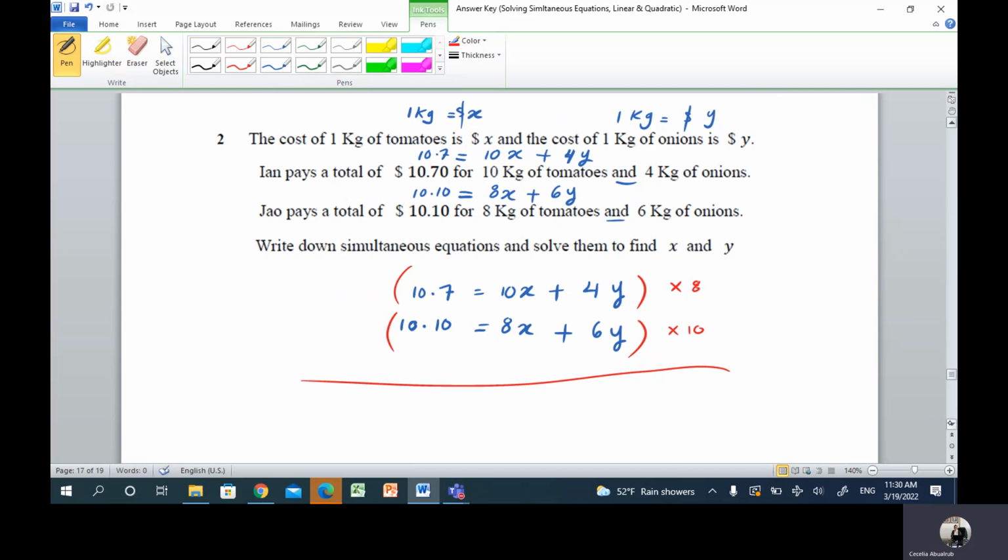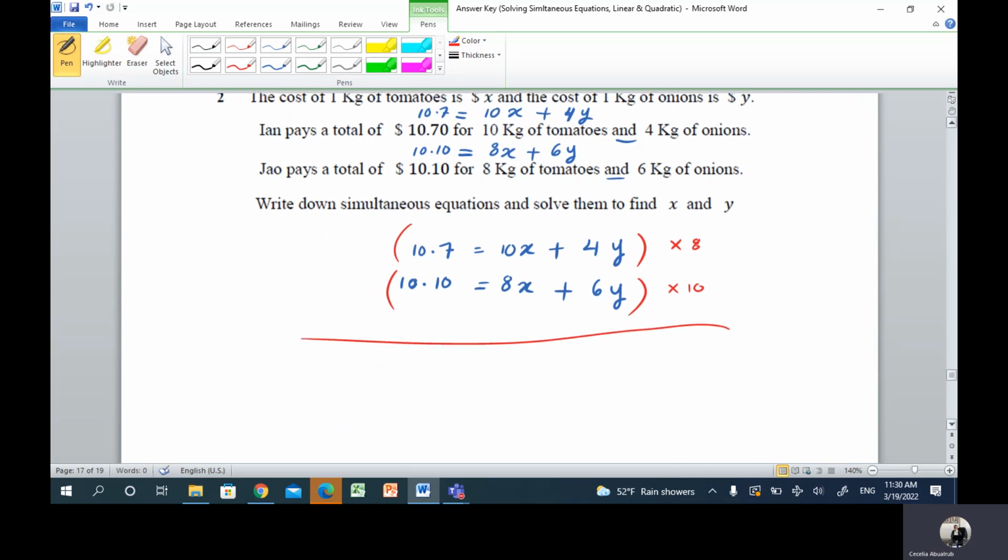So the new equations that we're going to have now: 8 times 10.7, the answer is 85.6, equals 8 times 10x, which is 80x, plus 8 times 4y, which is 32y.